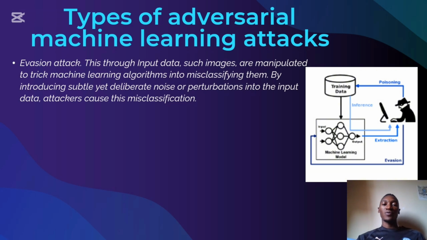Then we have types of adversarial machine learning. Under these, we majorly have three types of attacks. To begin with, we have the evasion attacks.